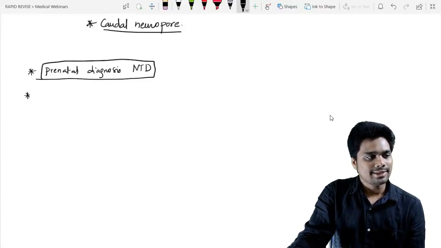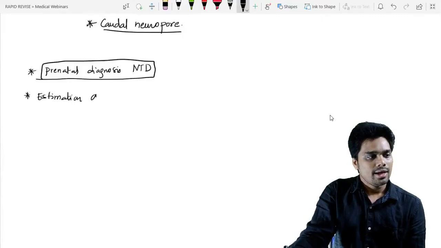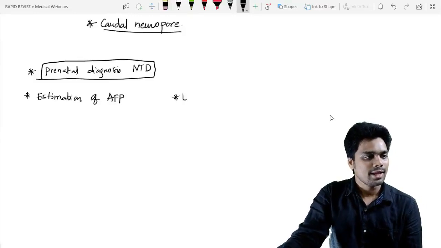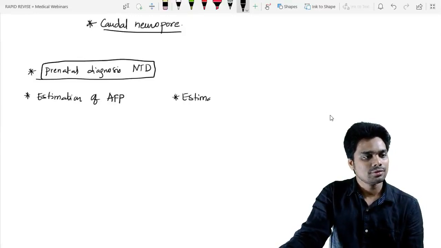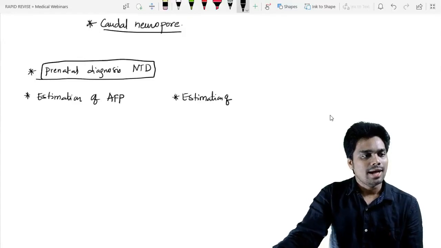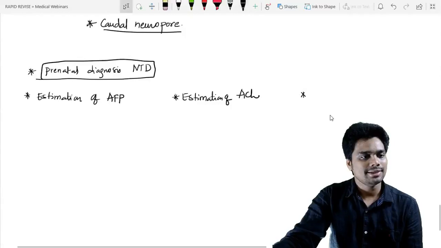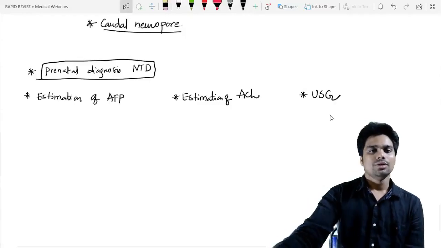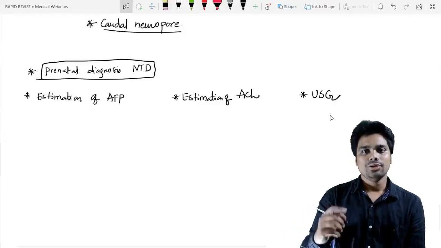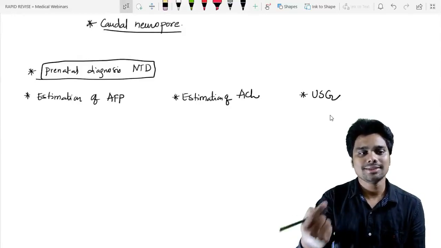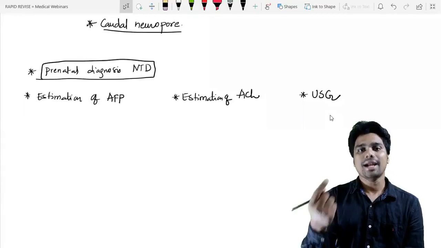One is estimation of alpha fetoprotein levels. The second is estimation of acetylcholinesterase levels, and the third thing is ultrasound. So what are the three entities? You may either estimate alpha fetoprotein or acetylcholinesterase levels, or do a prenatal ultrasound.